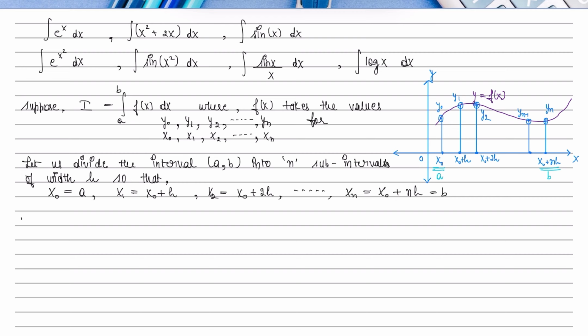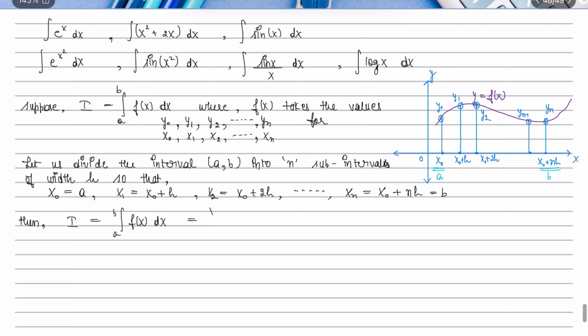Then the integration value can be rewritten in the form of integration from x0 to x0 plus nh of f of x into dx.